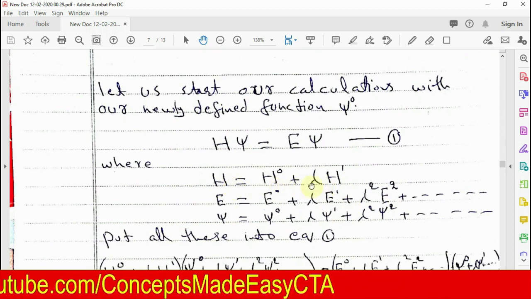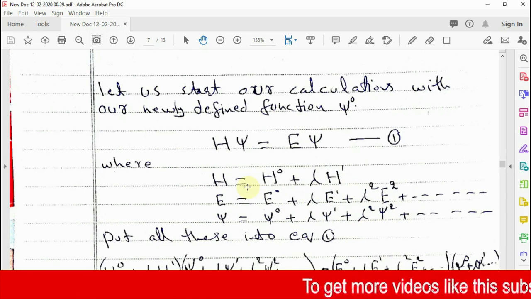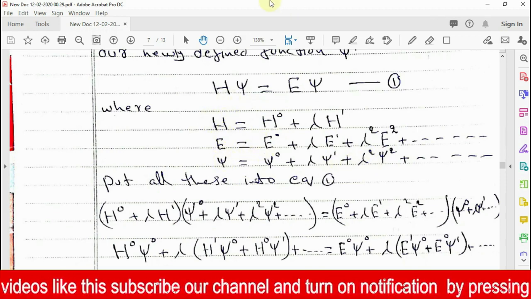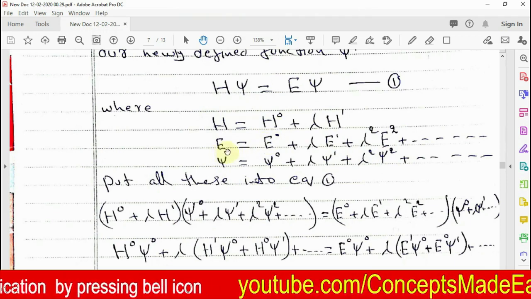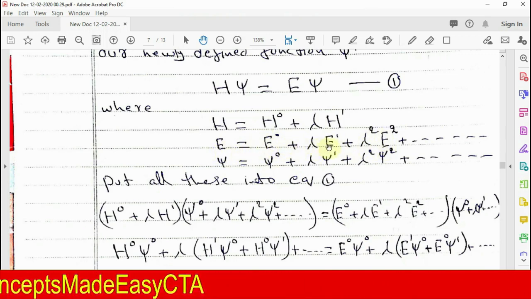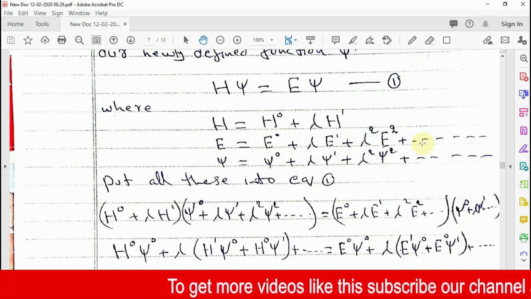H is equal to H naught plus lambda times H prime, and E is equal to E naught plus lambda times E1 plus lambda squared times E2. These are the definitions of the Hamiltonian H, along with the energy E, which is the combination of the energy eigenvalues formed after applying the perturbation.